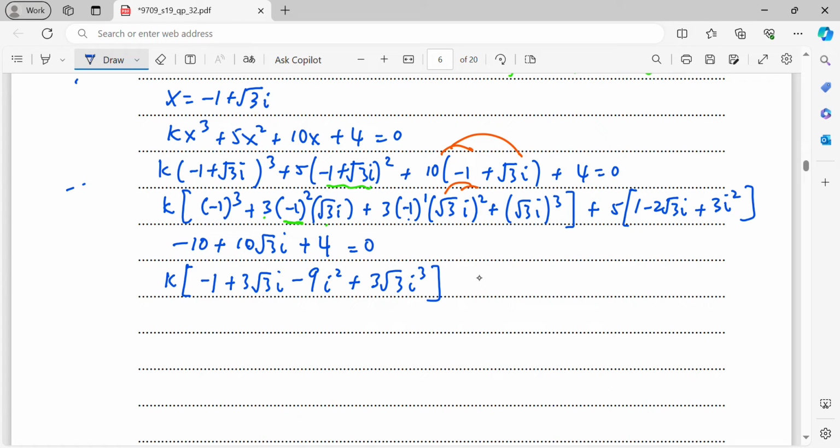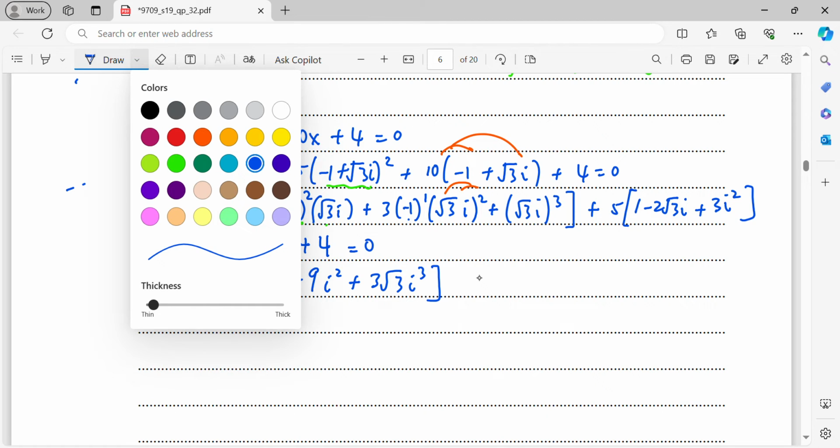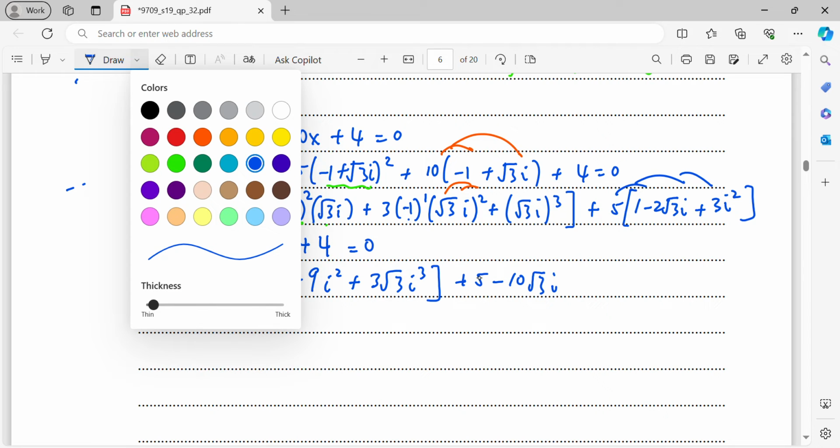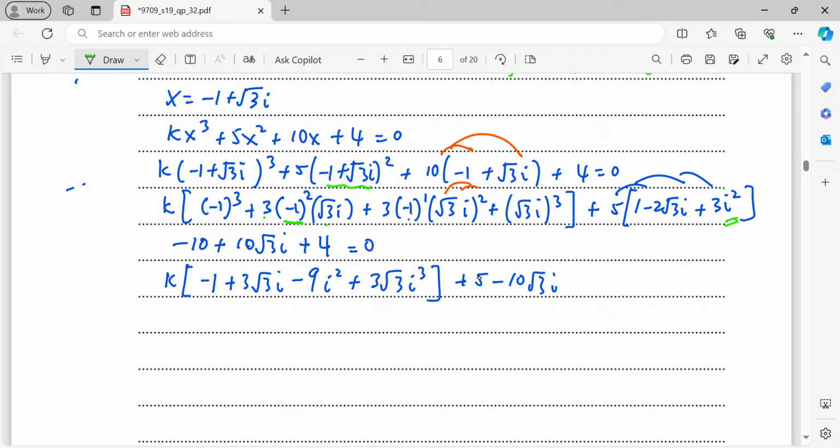Okay, then here, this 5 you move in. Okay, just times in to all these terms. So you will get plus 5 minus 10√3 i. And then this i² is basically minus 1. Okay, this is minus 1 because our important result, i² is minus 1 from complex number chapter.